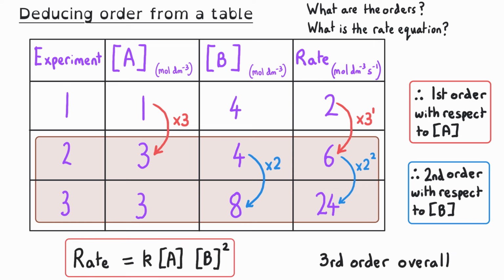And so the rate equation is rate equals K, concentration of A to the power 1, multiplied by the concentration of B to the power 2, and so this is third order overall.